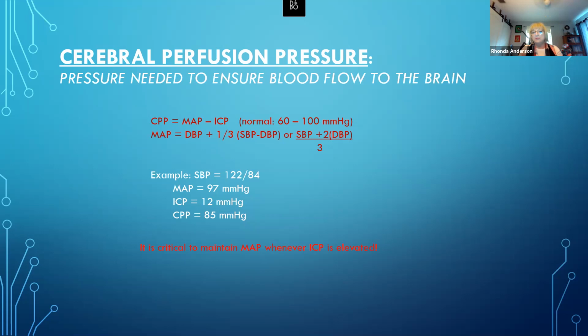Even though I might have a good blood pressure, say for instance, if my ICP was 20, that automatically drops my 97 minus 20, that's 77. I'm getting a little on the lower side. If my ICP was 30, that would make it 67, and we would be in trouble. Okay, we're getting to that really low part of CPP. So we always want to pay attention to what that mean arterial pressure is, because if my ICP is high, it'll decrease the amount of blood flow to the brain.